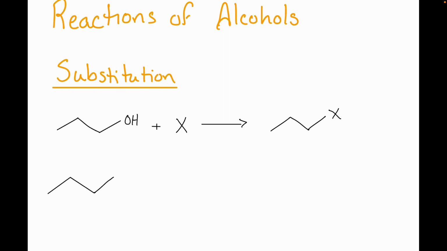Okay, so our actual reagents that we use, we're going to see a few of them here, but one of them, the cheapest one, would be simply hydrochloric acid. Okay. And what this is going to do is similar to what we saw before, right? We have this neutral compound here, our neutral nucleophile.